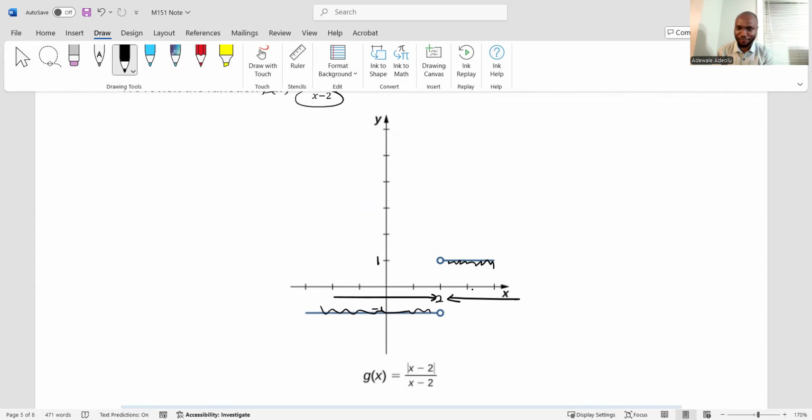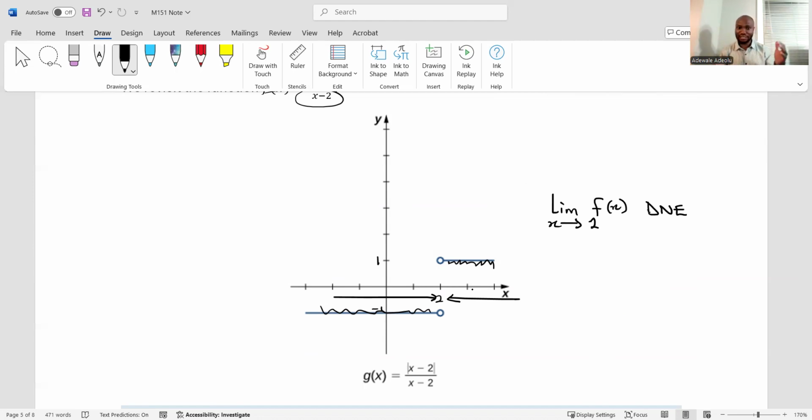We will say that the limit does not exist. Please listen carefully. We will claim that the limit of that function as x goes to, let's say, in this case, 2, does not exist, because it is not approaching a single value.